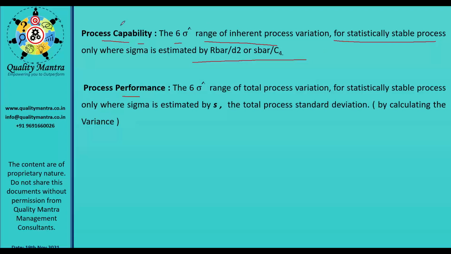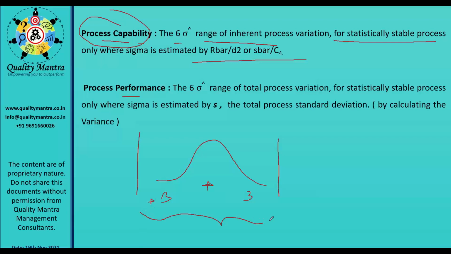So process capability will tell you the 6 standard deviation range, how it is distributed. When you calculate the Cpk, it will tell you the spread of 3 here and 3 here, plus 3 sigma and minus 3 sigma. So the spread of the 6 sigma, it is going to tell you.